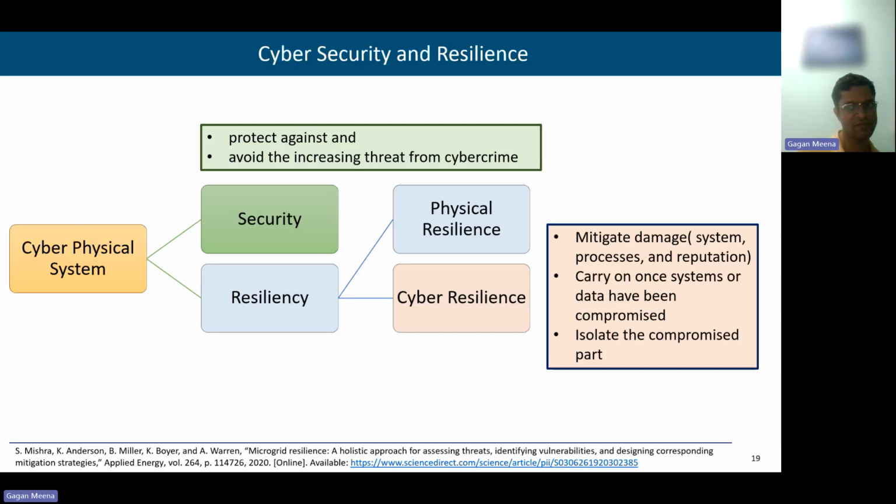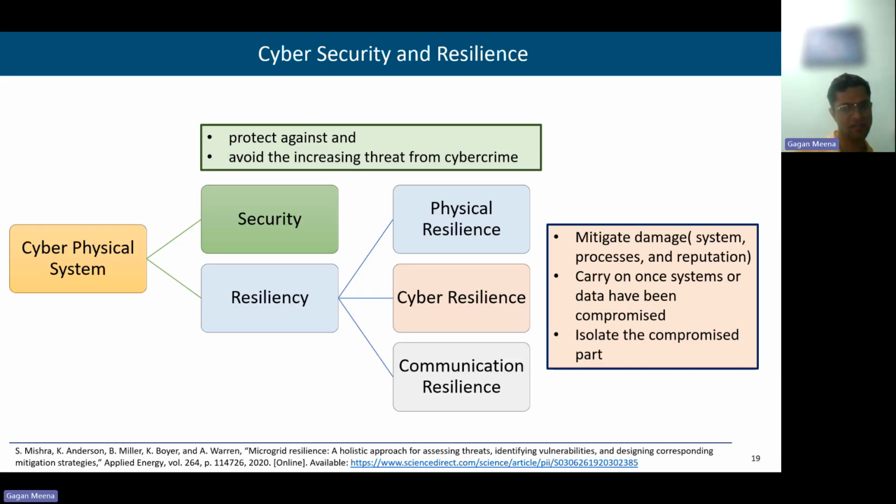Cyber resilience means to mitigate the damage to system processes and reputation, and to carry on when systems or data have been compromised, by isolating the compromised part and continuing to work with the healthy part.